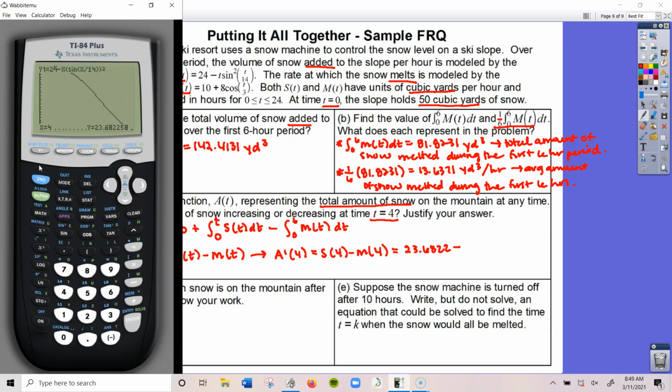So I'm going to go back to my y equals menu. I'm going to deselect this function, and now graph my second function. And now we get that function value, which is 11.8819.